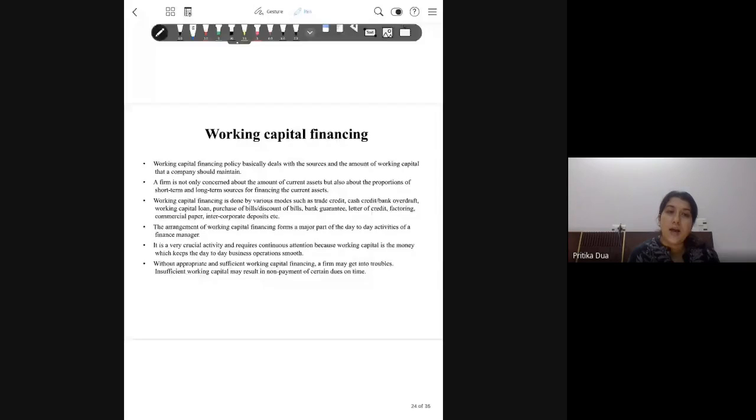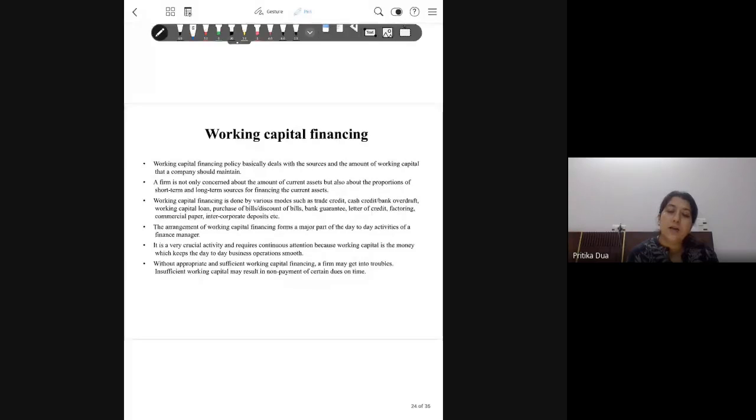Now, what happens in a business is that we finance the long-term assets or fixed assets through long-term sources. Say, if I have to purchase a machine which will have a life of 5 years, for that I'll take a loan of 5 years.